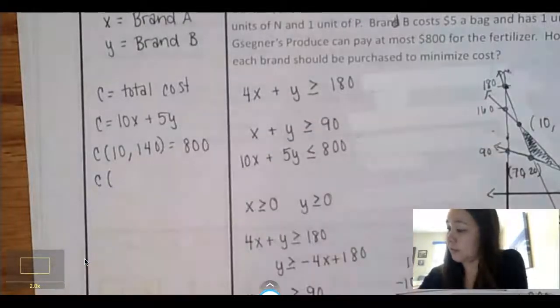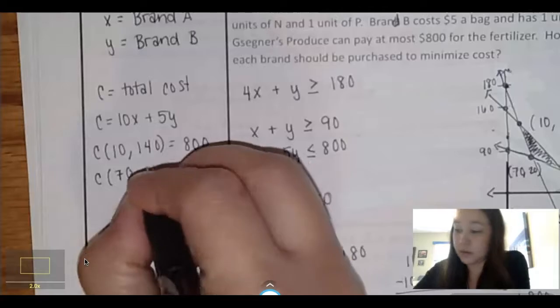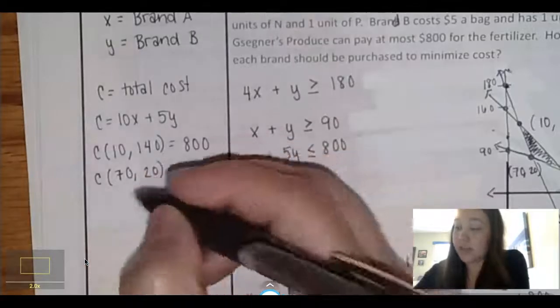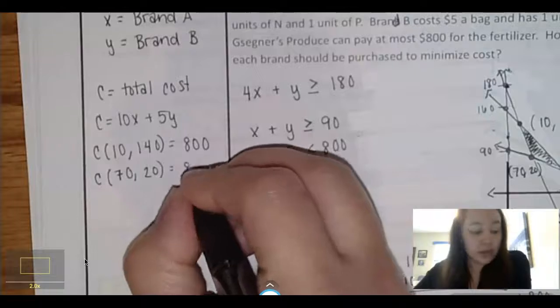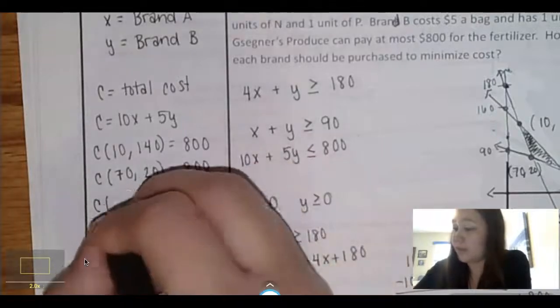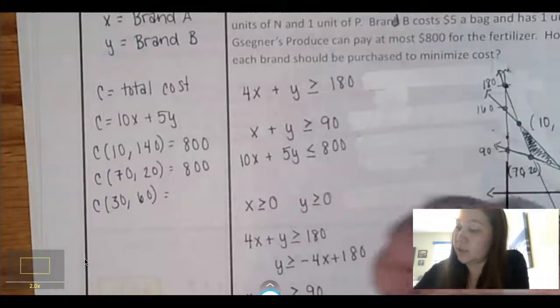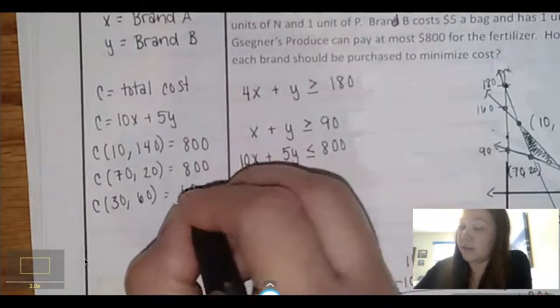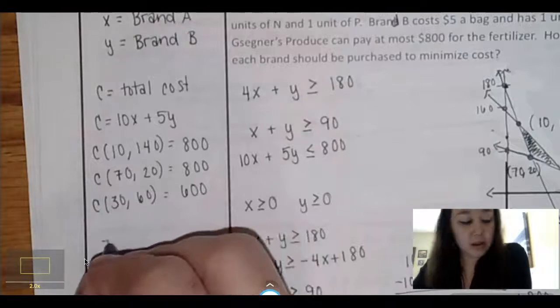C of (70, 20): 10 times 70 plus 5 times 20 also gives you 800. And then C of (30, 60): 10 times 30 plus 5 times 60 gives you 600. So this minimizes the cost.